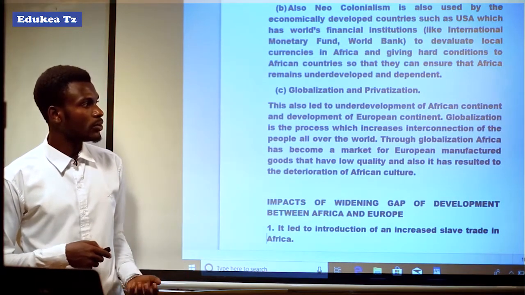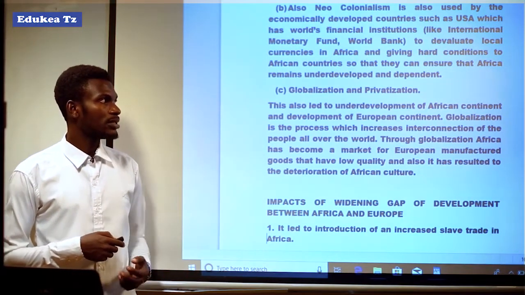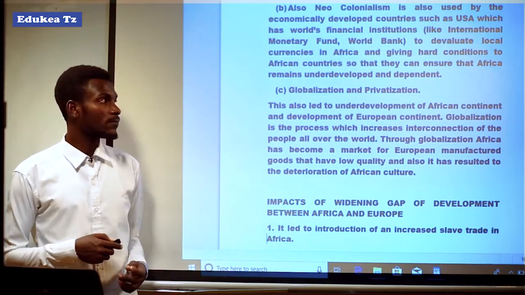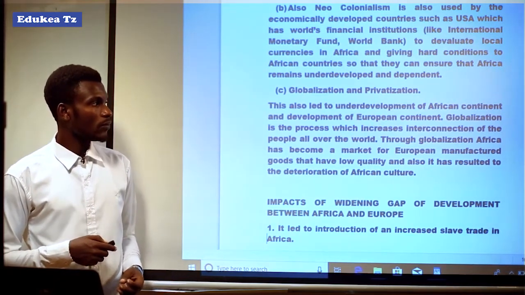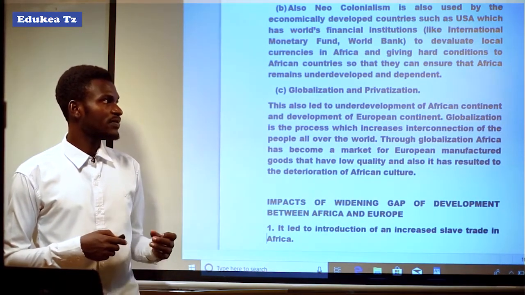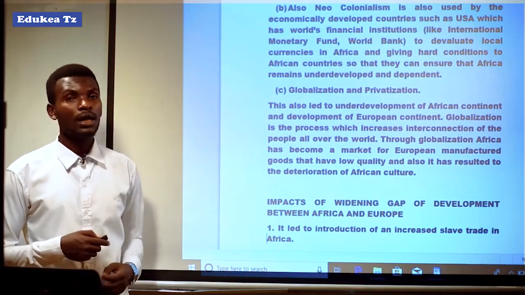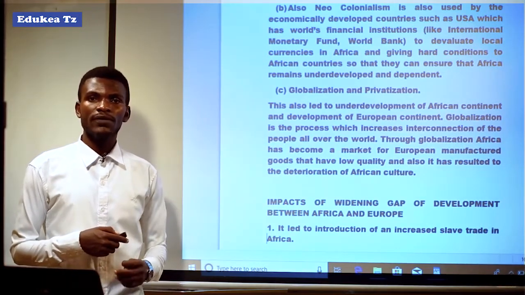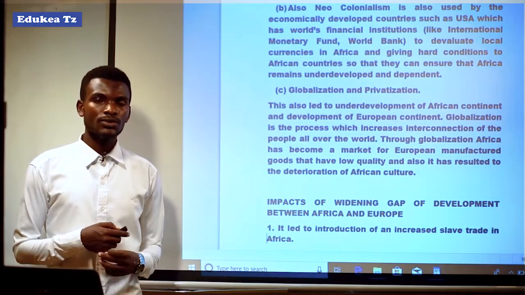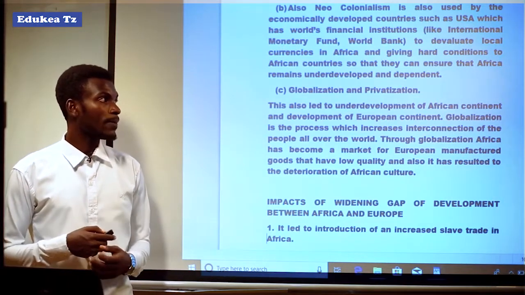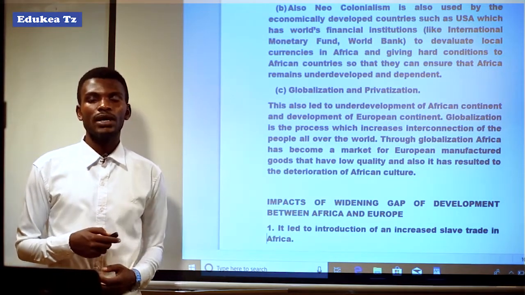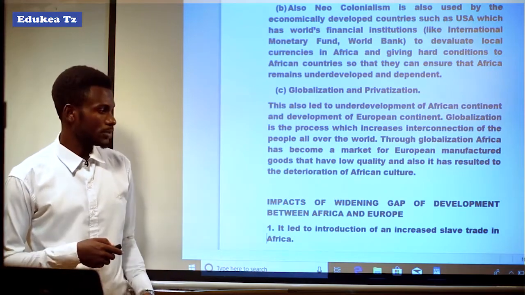So that's how we can see that globalization and privatization, as the umbrella of neocolonialism, have widened the gap between Africa and Europe in development.